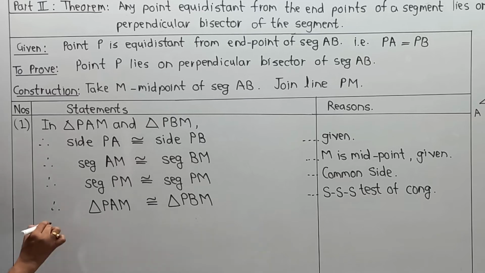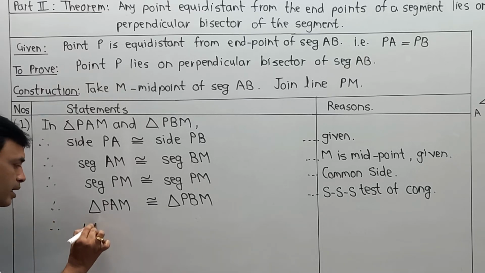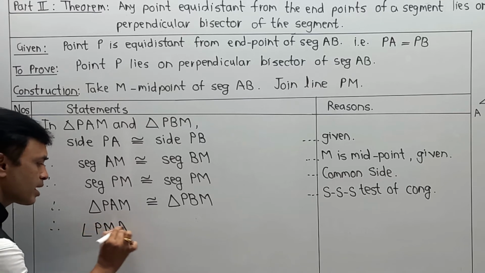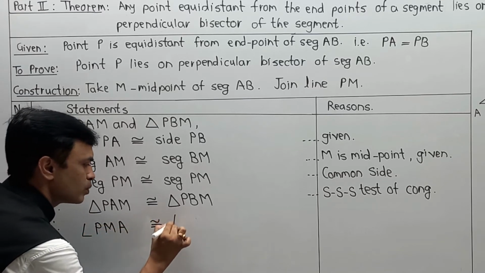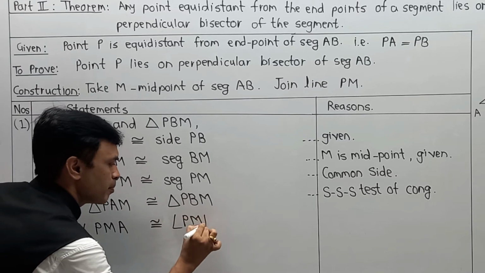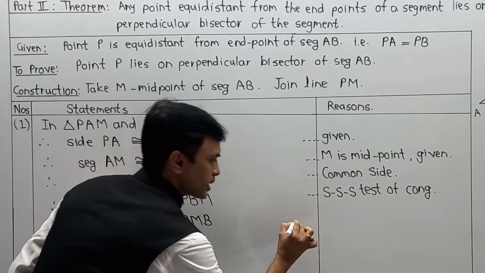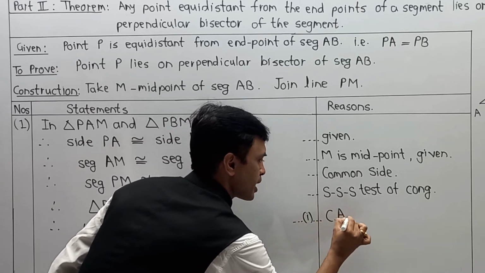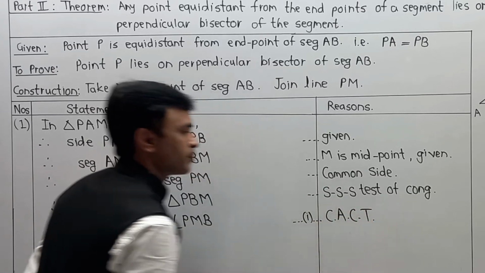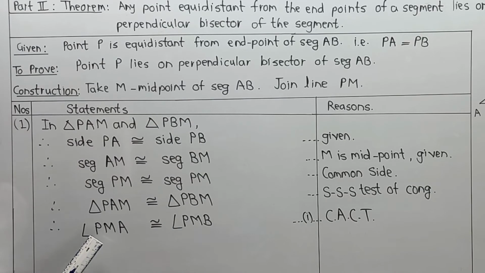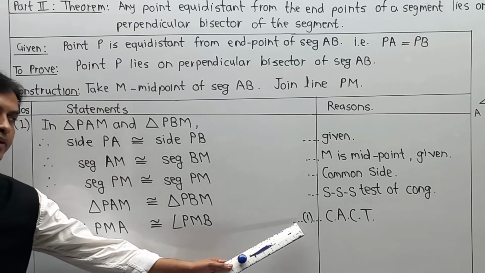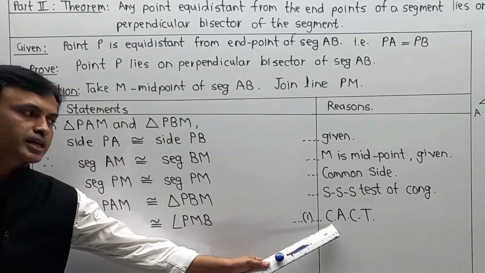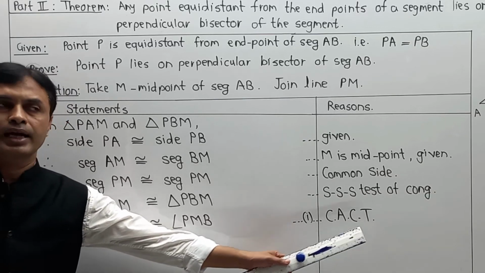So I am going to write, therefore, angle PMA is congruent to angle PMB. I'm going to give it as equation number 1, and the reason is corresponding angles of congruent triangles.